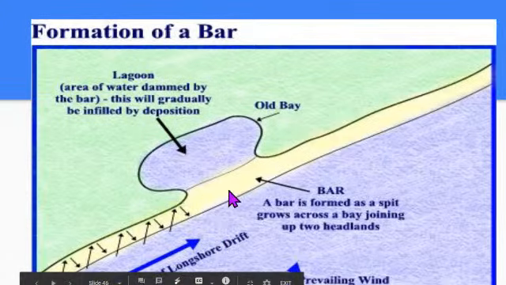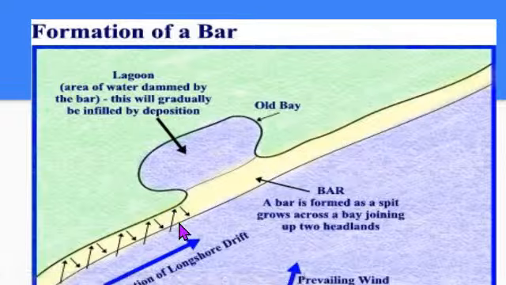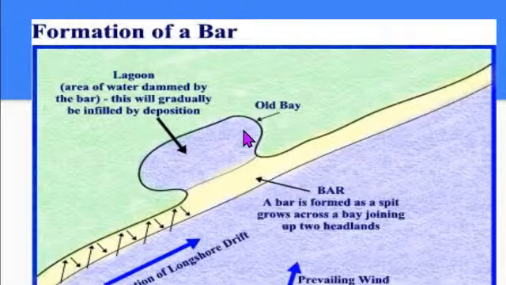Materials are being deposited all the way across the bay here, and it basically cuts off the bay. We end up with an old bay. Behind that bay, we end up with what is called a lagoon. So you can look at the diagram there.